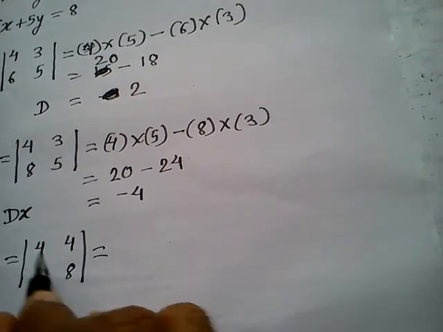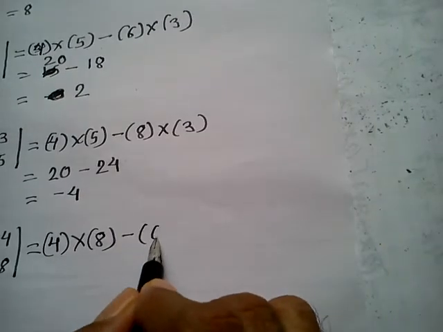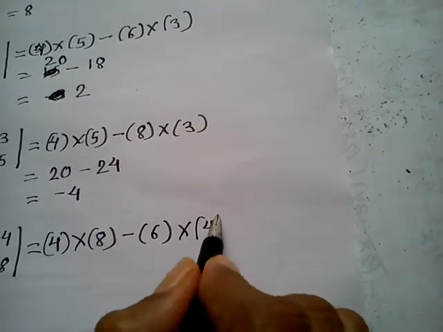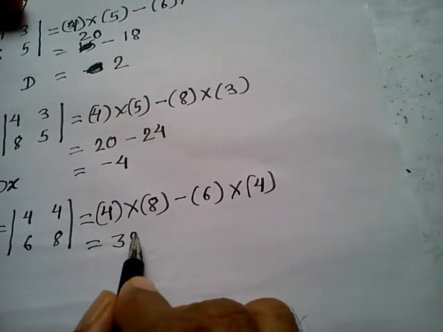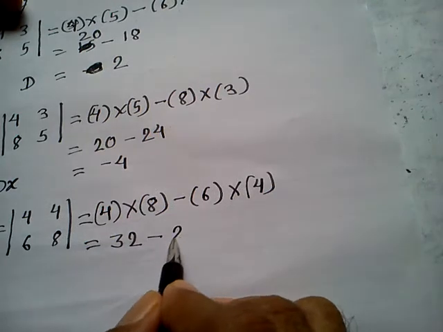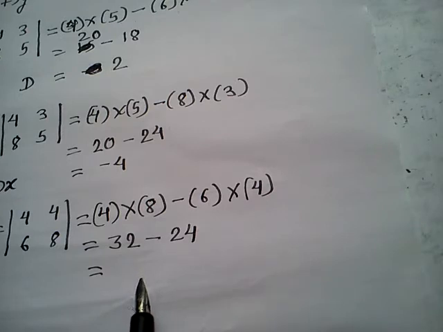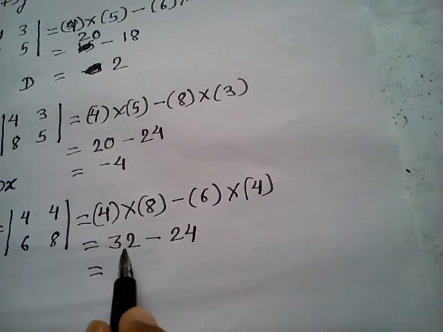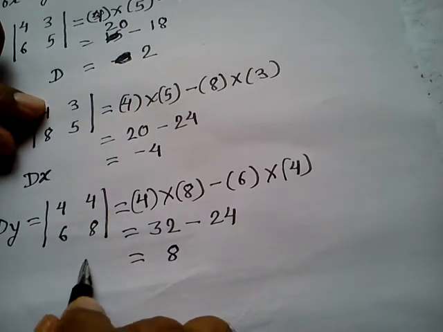Is it clear now? 4 into 8 minus 6 into 4. So 8 4s are 32. 1 time negative, 24. 32 minus 24. What will be? 32 minus 20, 12, 12 minus 4, that is 8. It means positive 8. dy.